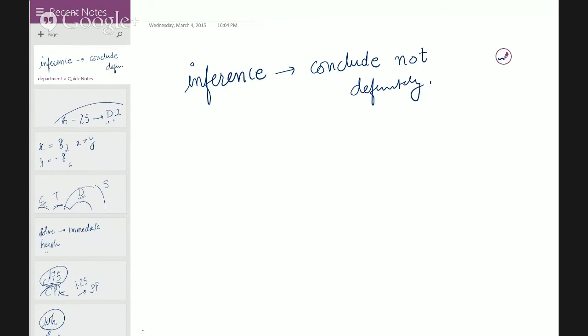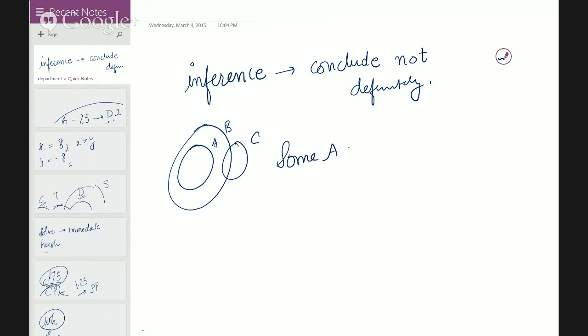For example, we have all A's are B's, and some B's are C's. So I say some A is C is an inference because it's not true here, but you can draw it this way. And if I say no A is C, it is again an inference because it looks visible here but is not visible here. So an inference is one of those perspectives which is not definitely true.